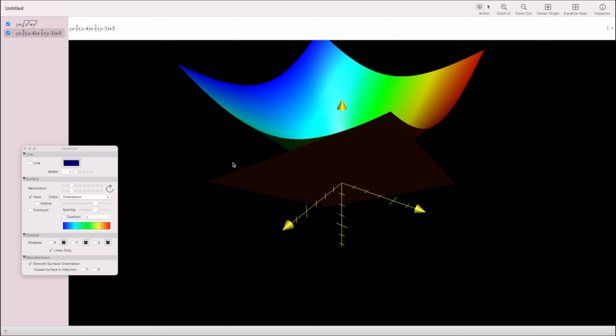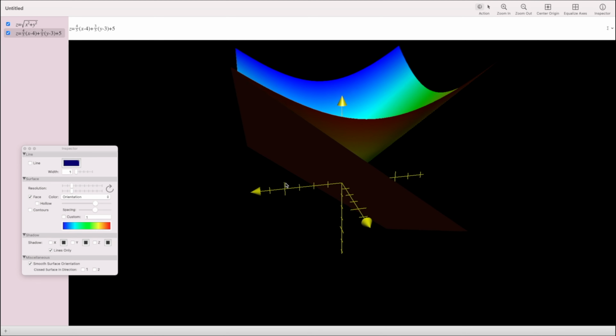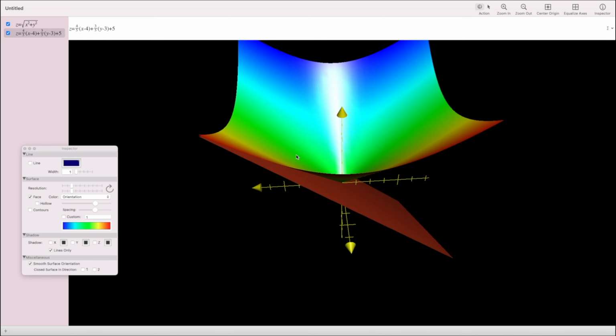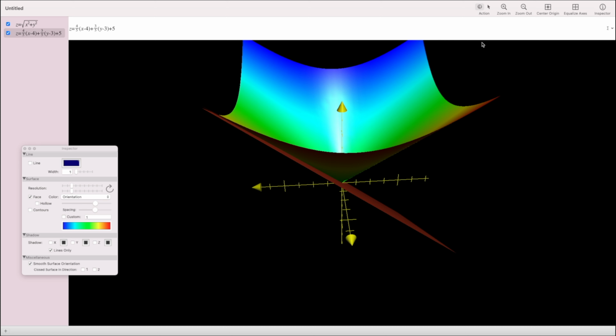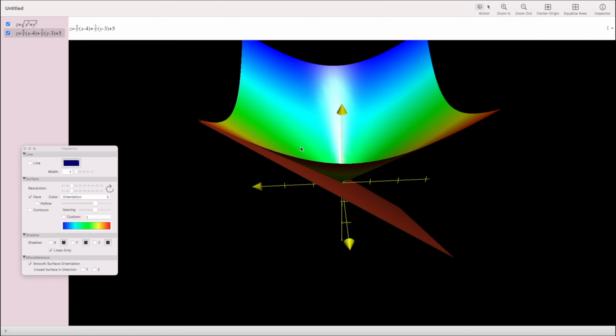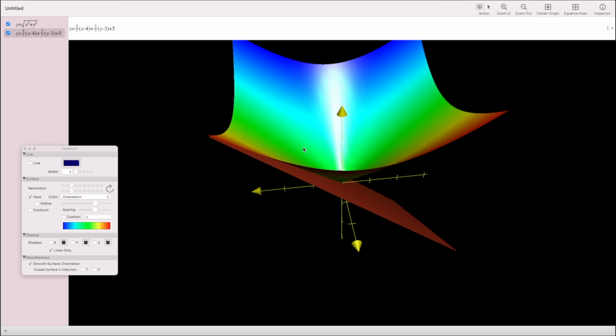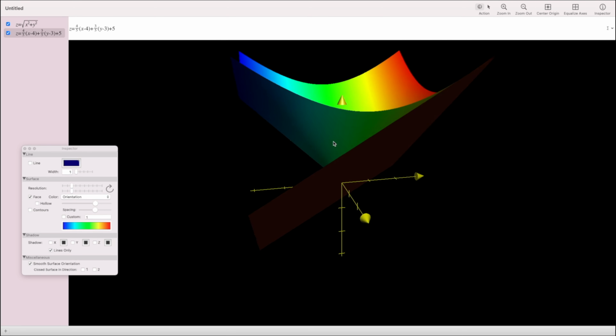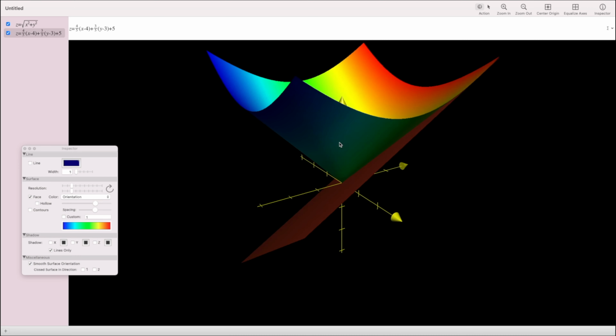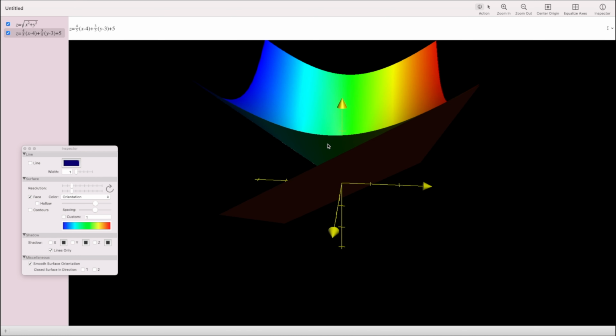As you see, this is the tangent plane at the point 4 and 3. It's right there. And if I zoom in, you see that it's very close. The tangent plane is actually very, very close to the cone. That's why we use this as the linear approximation.